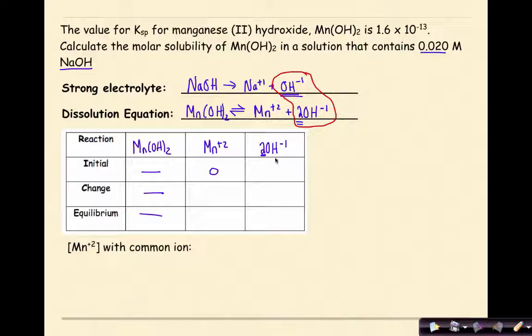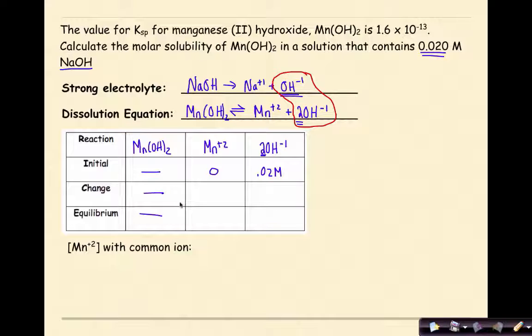So when I look at my initial concentration of hydroxide ion, if it was just this dissolution equation, it'd be 0. But because we've added sodium hydroxide to the solution, really, I have 0.02 molar NaOH. So my initial concentration will be 0.02 molar hydroxide because of this strong electrolyte.